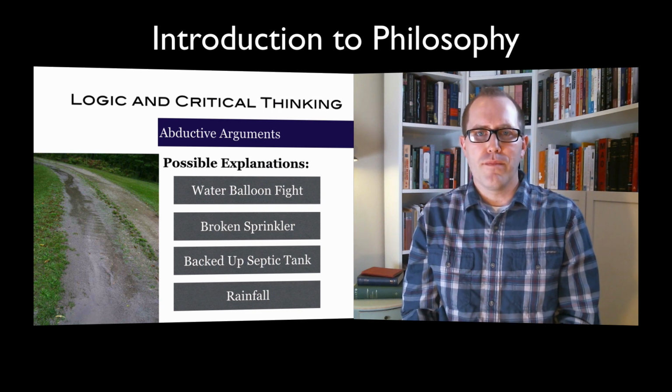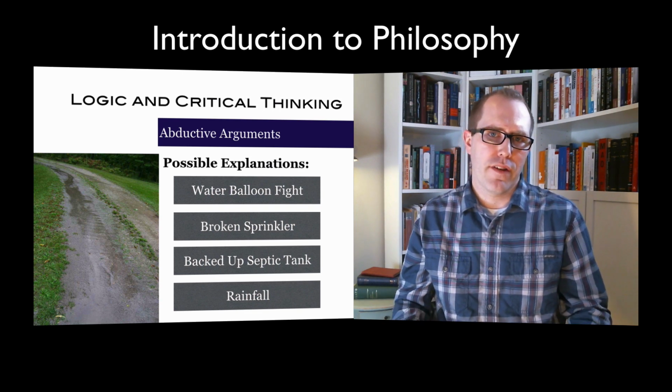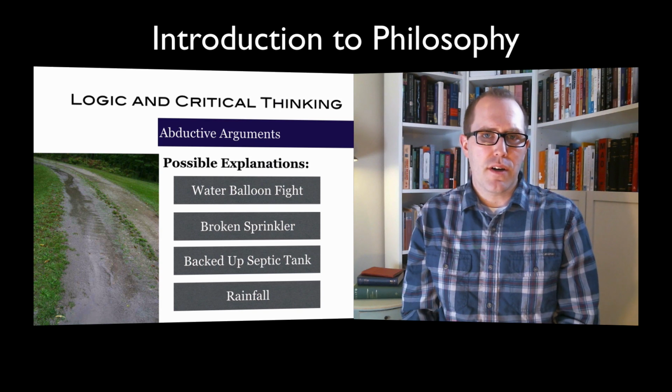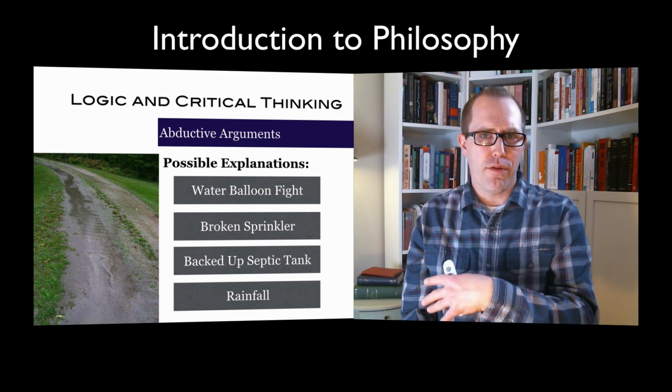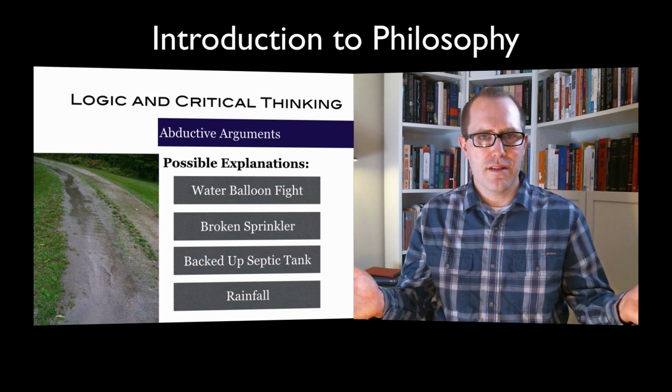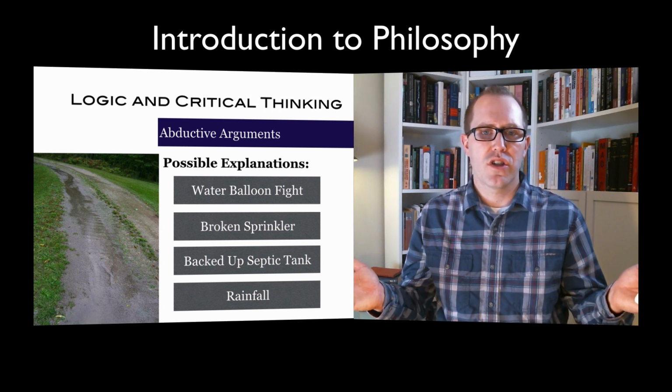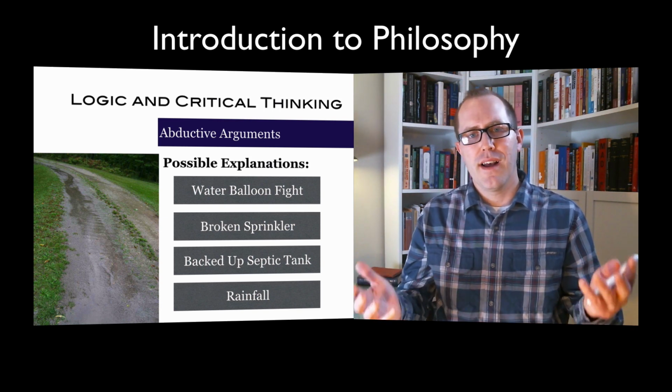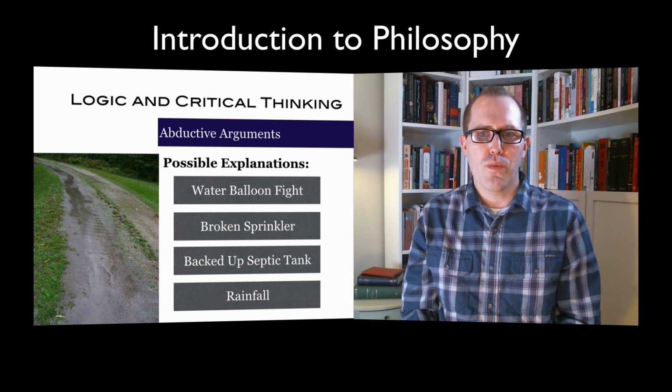So this is a situation that you have in the present, and you want to consider different explanations for how the driveway became wet. So right now we'll think of 4 possible explanations. The first explanation might be that the neighbor kids were having a water balloon fight last night, and it lasted all through the night, and they got my driveway drenched, and so when I woke up this morning, this is why my driveway is wet.